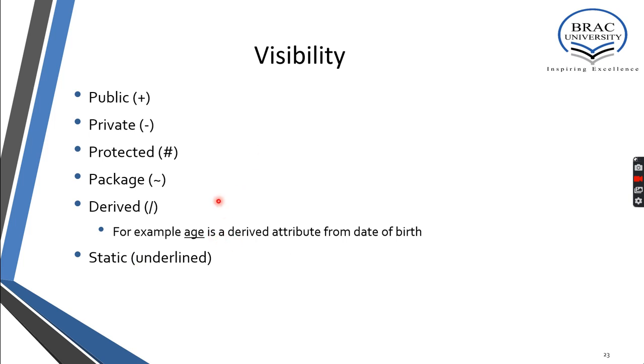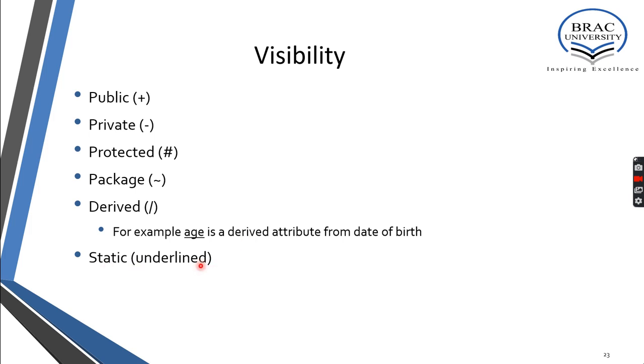Or another example, the current balance of your banking system. For balance there shouldn't be any specific variable like balance. Balance can be computed from your debit and credit, so all the debits and all the credits can be combined to identify the balance.